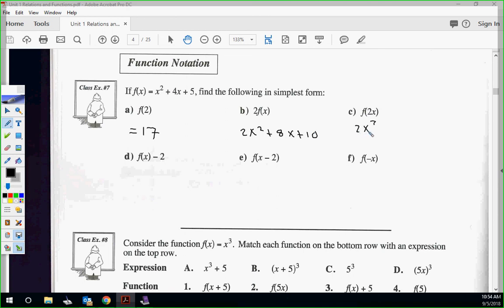2x cubed plus 8x squared plus 10x, you said? Okay, that looks good to me. You simply put 2x in here. Okay? So let's see here. Yep, that should be right. Well, let's see. Oh, wait, no. Let's look at it.